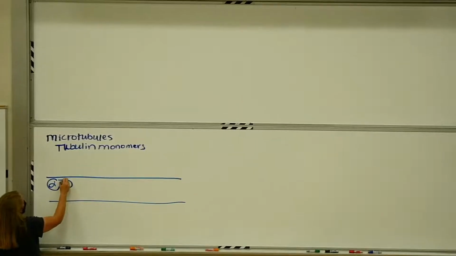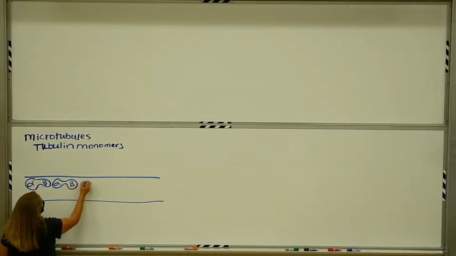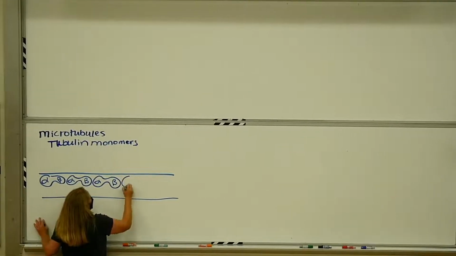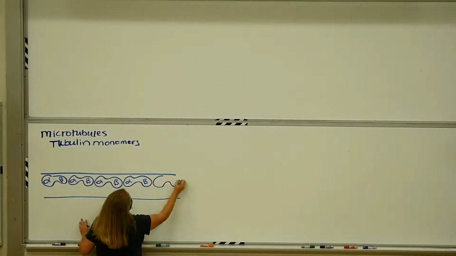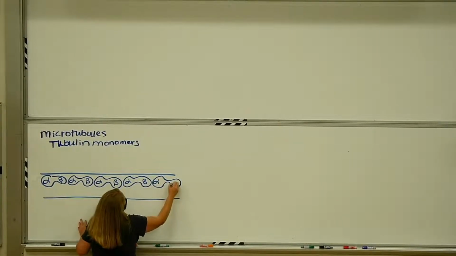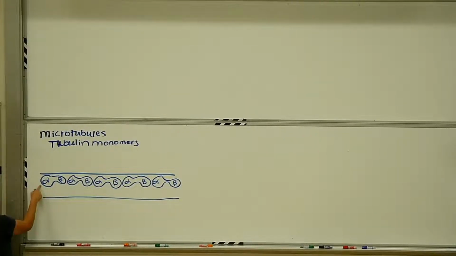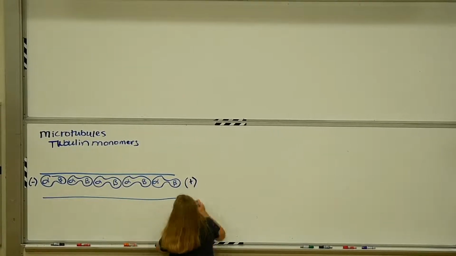I'm just going to draw this first row. So we're going to orient this. We're going to say that because this is where your alpha subunit of this dimer is, that this is the minus end. And because this is where your beta subunit is, this is the plus end.